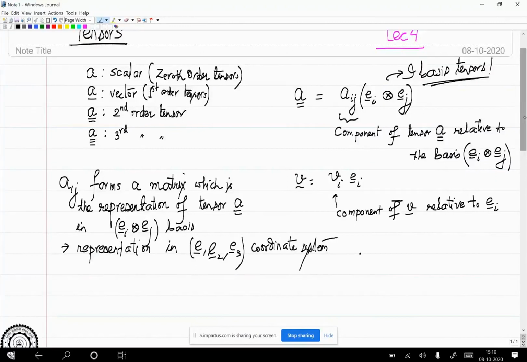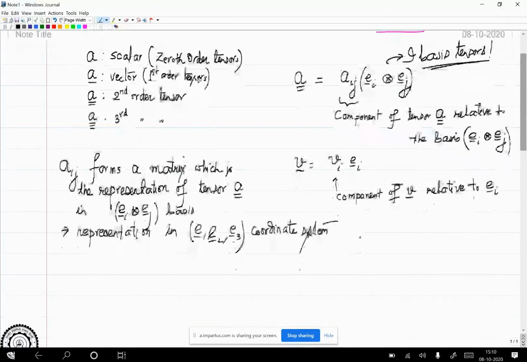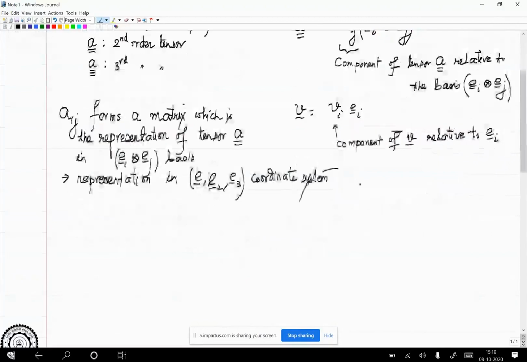We'll talk more about this representation later on. It is not so easy when it comes to tensors. There are several ways it can be represented. Of course, you can change the coordinate system and then the representation changes, but there are many more ways also, which we will discuss maybe by the end of this course.